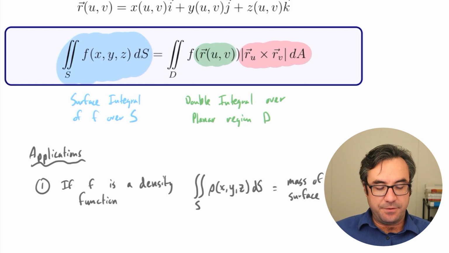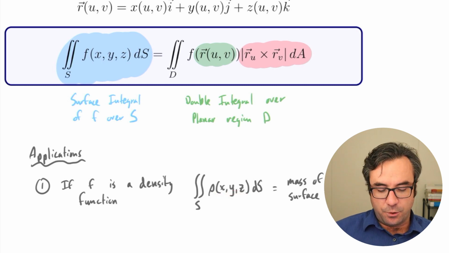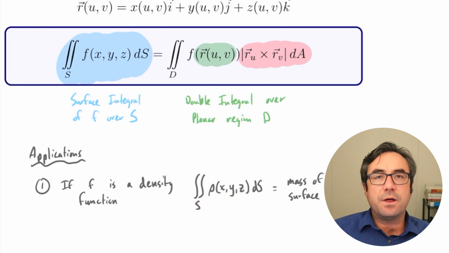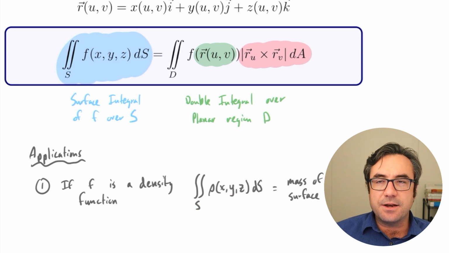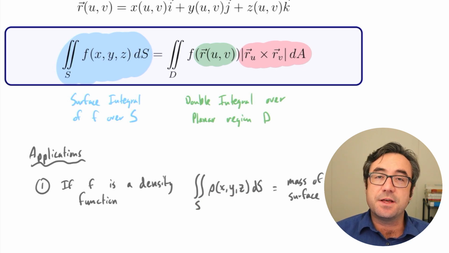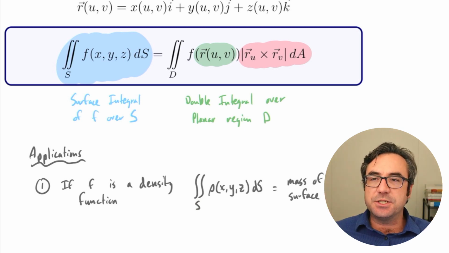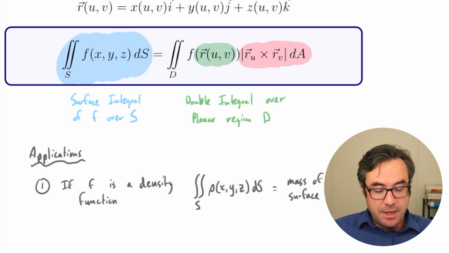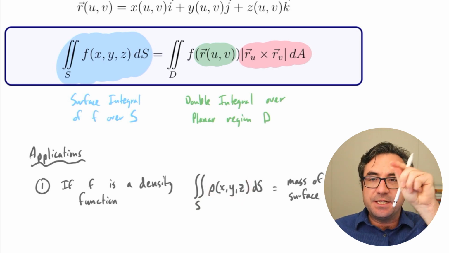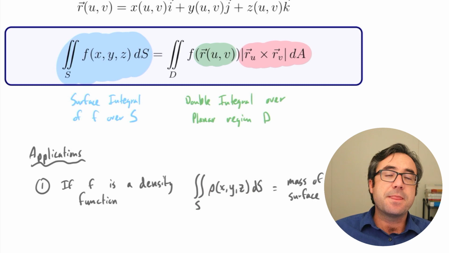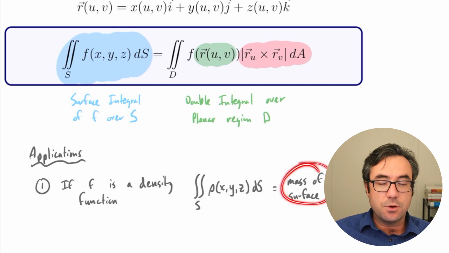So if we're integrating a density function over our surface S, then that surface integral is giving us the mass of our surface. So if we have a thin sheet of metal that's all bent and distorted, that's our surface, and we know what the density function is at any point along that surface. If we calculate the surface integral, we get the mass.